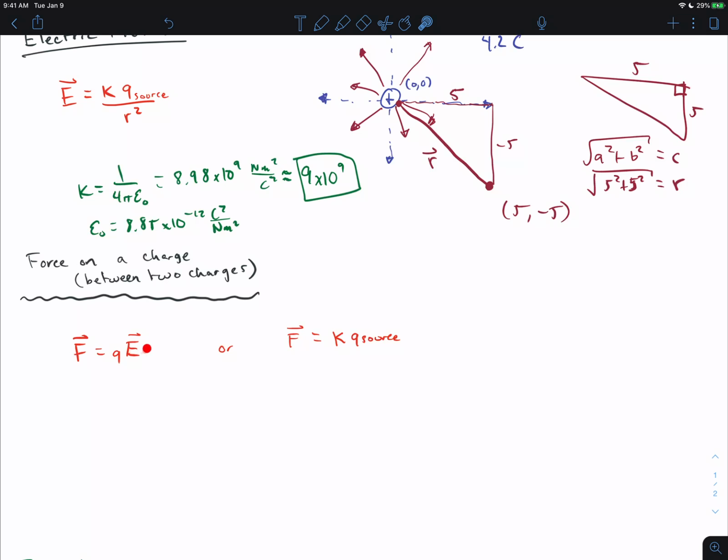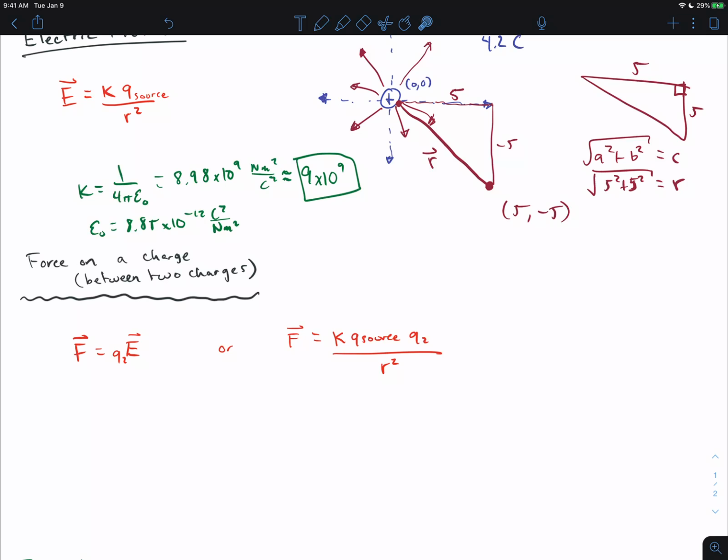All we need to do is multiply this electric field times the Q of our target. I'm going to call this Q2. We have the Q of our source, we know the radius, and then we just multiply that by my new Q to get the force on that charge. So I can go ahead and write this all out.